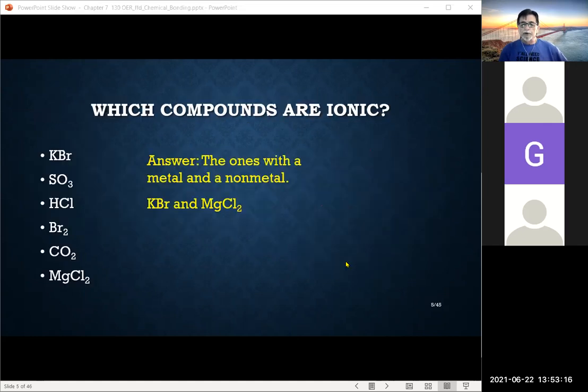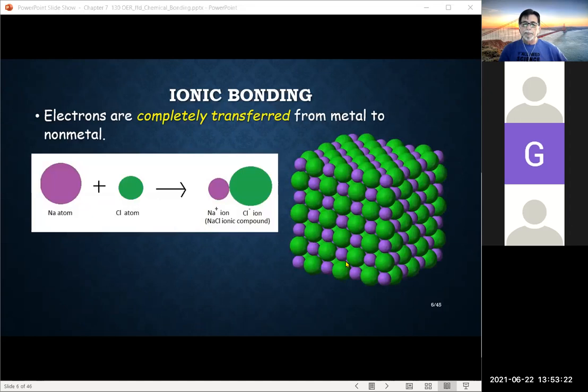Remember, ionic compounds are the combination of a metal and a non-metal. Now, for the bonding itself, if we take the sodium atom, which has 1 valence electron, and the color, I guess you call that dark pink, you can see the relative size to demonstrate the size of the atom.